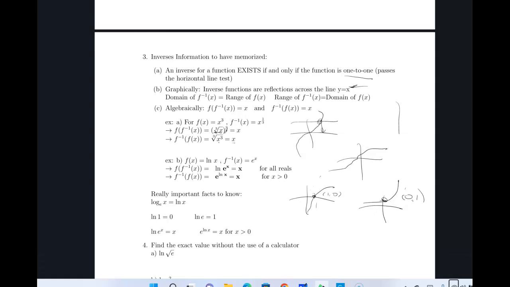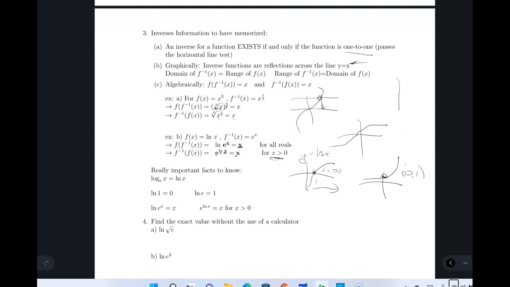And because they're inverses of each other, they undo each other. So ln of e to the x is x. And I can put any x inside of here. If I have e to the ln of x, it is x, but I'm only allowed to put positive things, right? Because with the ln of x graph, you can only use the x's that are positive. So that's why there's a restriction.